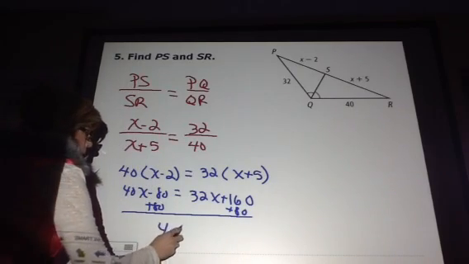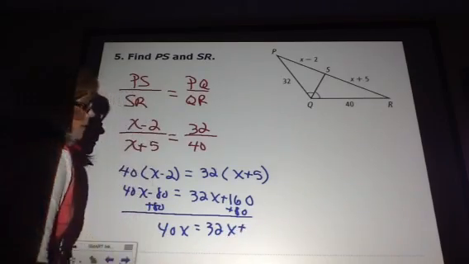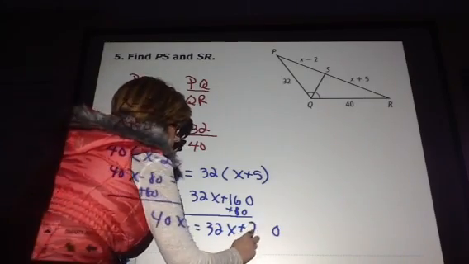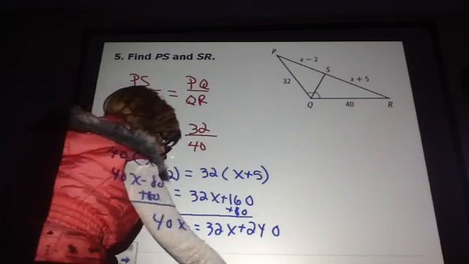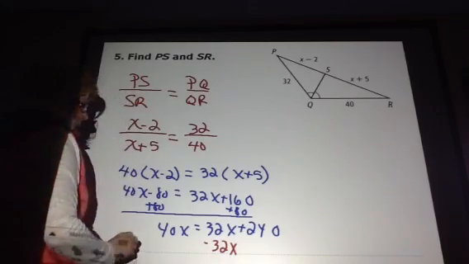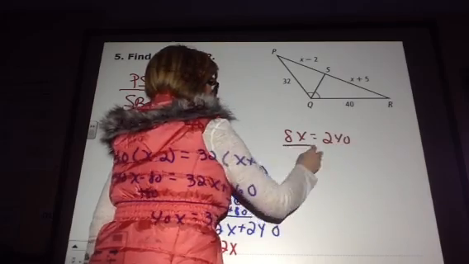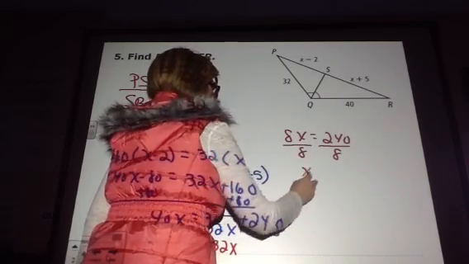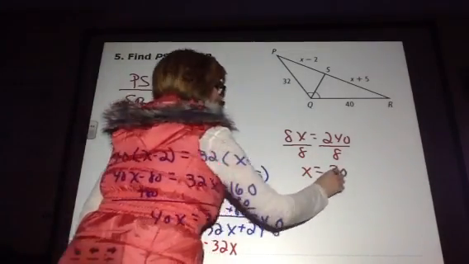So I have 40x equals 32x plus 240. I'm going to subtract 32x from both sides. When I do that, I have 8x equals 240. And then I can divide both sides by 8. Therefore, x equals 30.